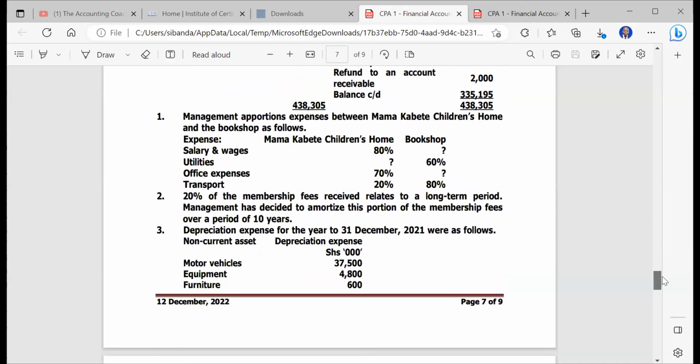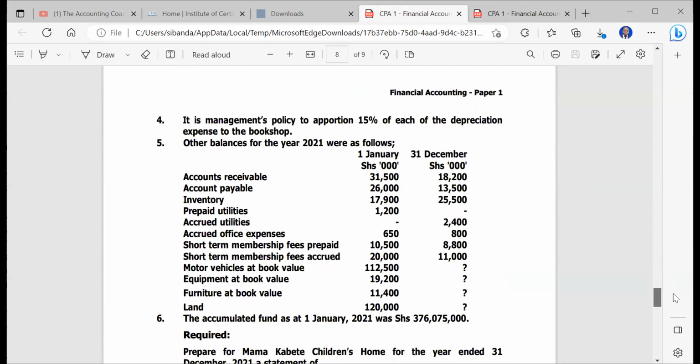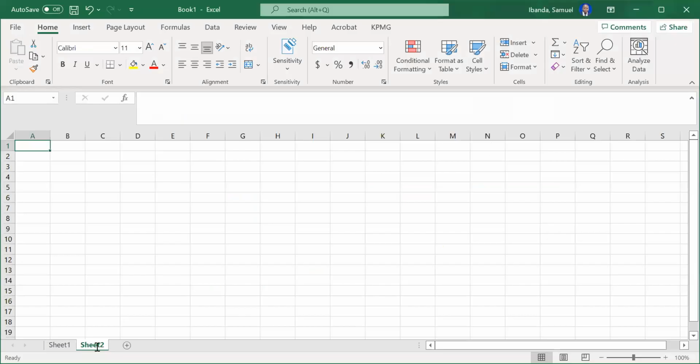Now, when I look through this information, the other thing that I see that could be related to sales are just these balances of 31,500 and 18,200. Now, what does this mean? It means that we are going to leverage on control accounts to determine our sales value. So you can see that control accounts are actually coming into play here. So you're going to see me do my workings here. So workings.